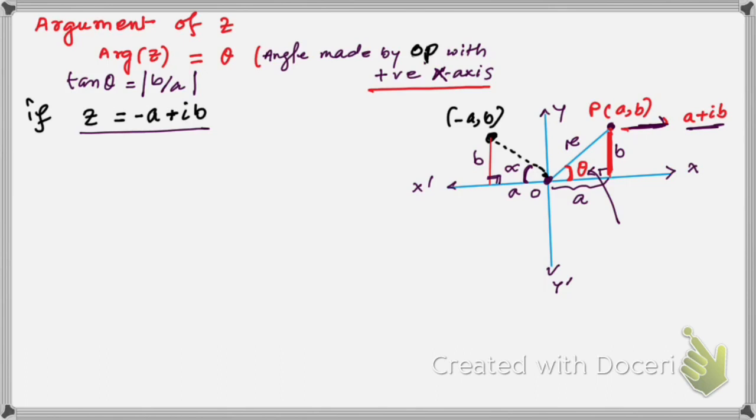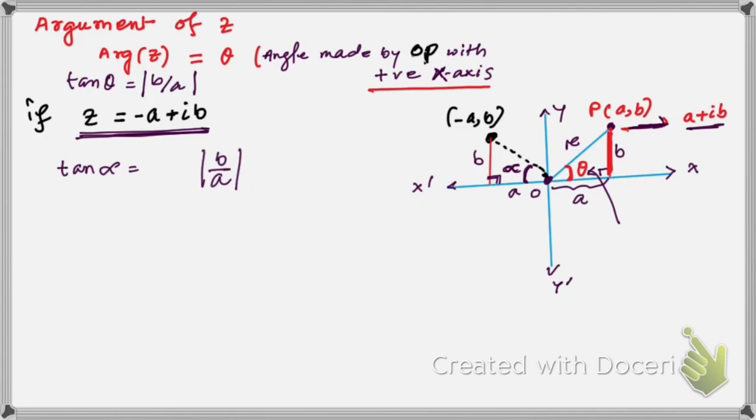If the complex number is of the form minus A plus iB, it lies in the second quadrant. Considering this angle alpha, tan alpha is equal to mod of B by minus A, which is simply B by A.